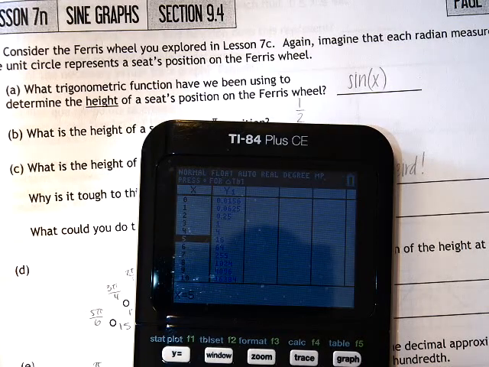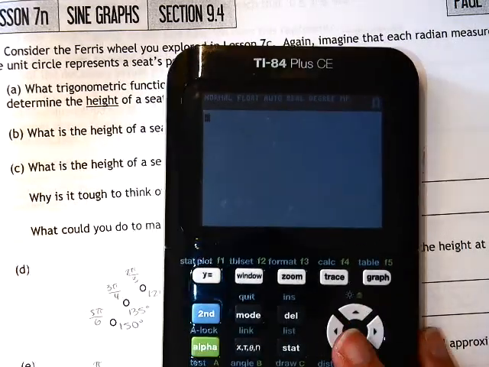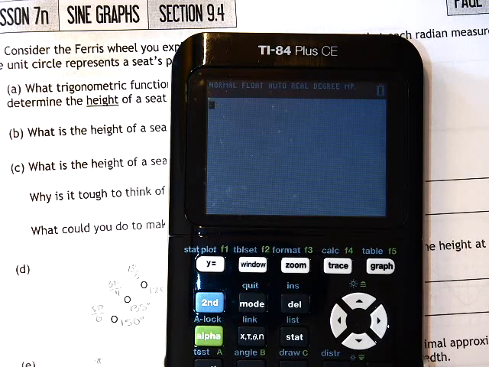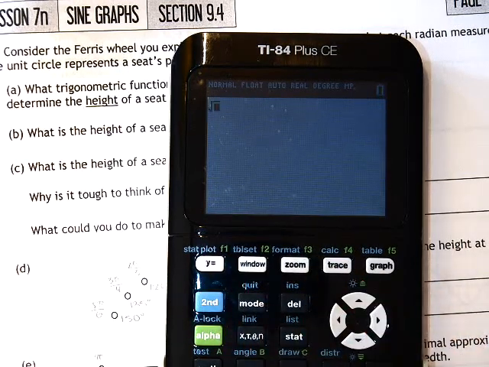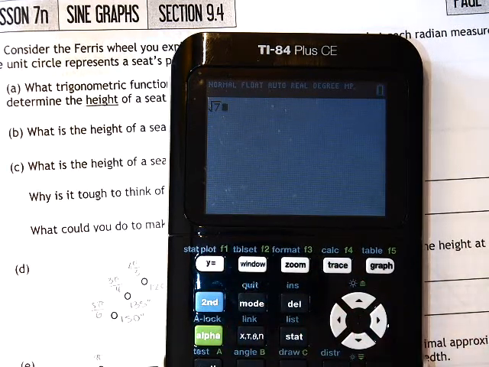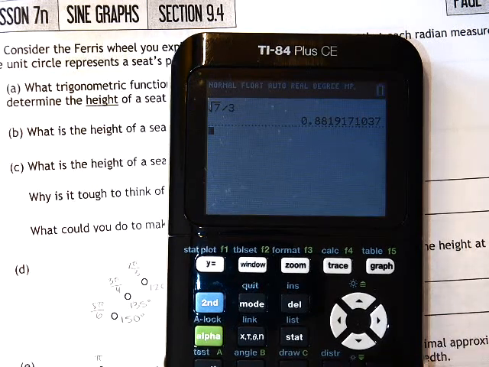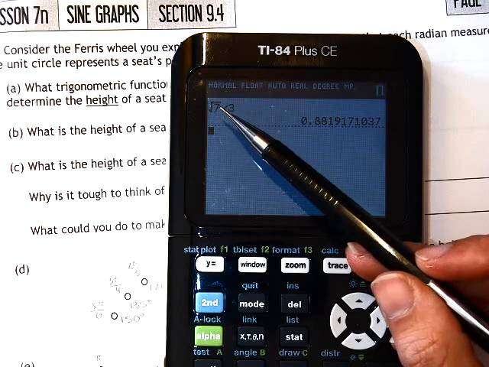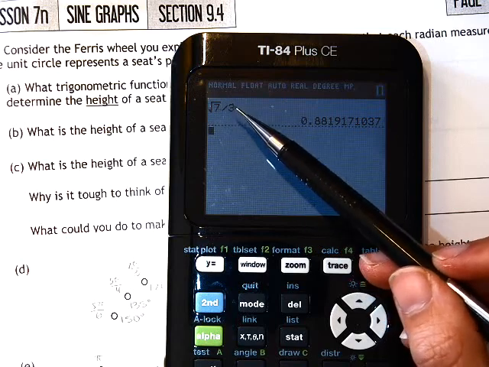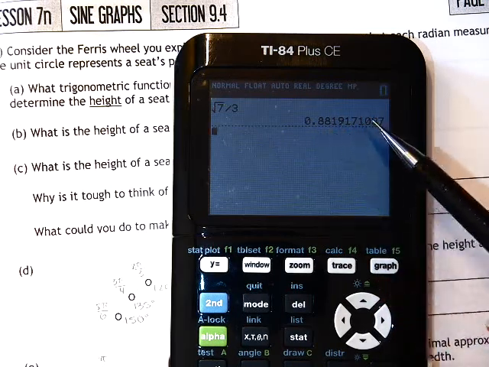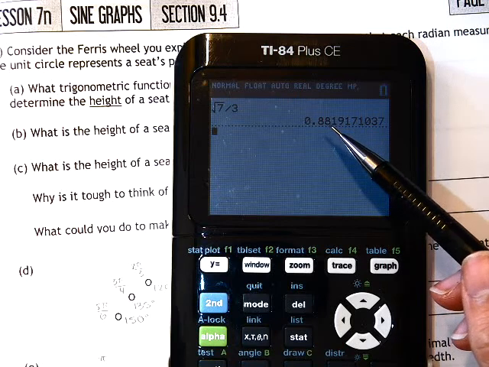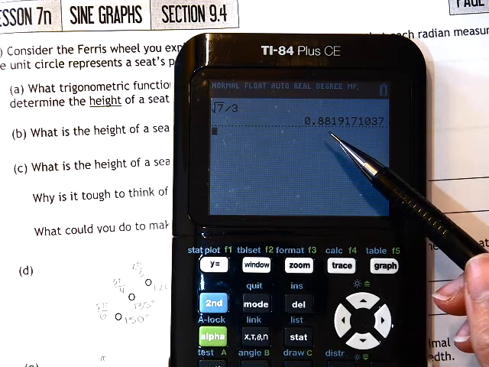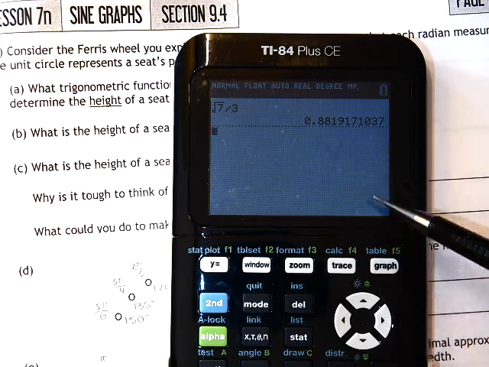Because if you can type that number into your calculator, and I'll just do an example. This is not the number that you got, but I'm just going to do it as an example. You can convert it to a decimal by typing in the number, if there's a square root, divided by whatever's on the bottom, and you can get a decimal. Now, 0.88 isn't very nice as decimals go, but at least that's something I can picture.